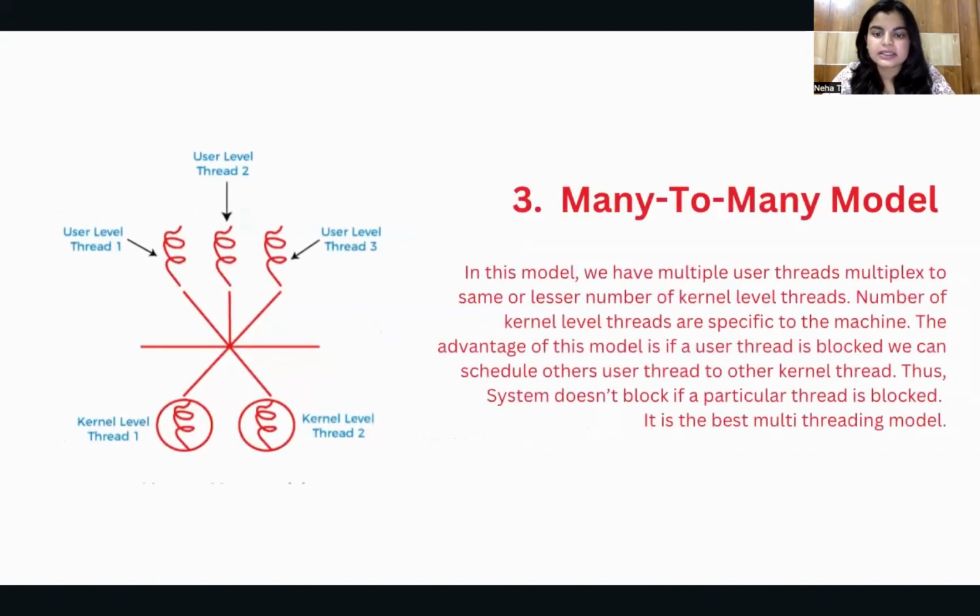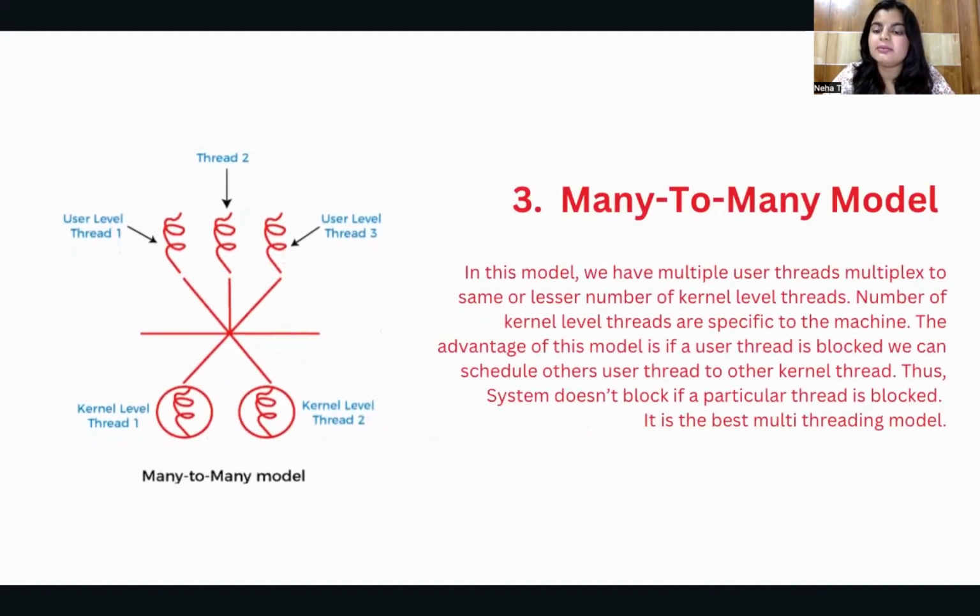Coming to the many to many model, we have multiple user threads multiplexed to the same or a lesser number of kernel level threads. The main point is that the user level threads are more than or equal to the kernel threads.